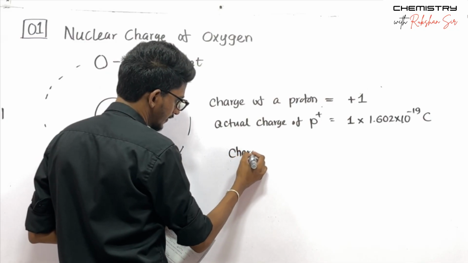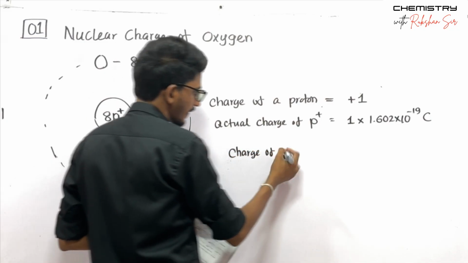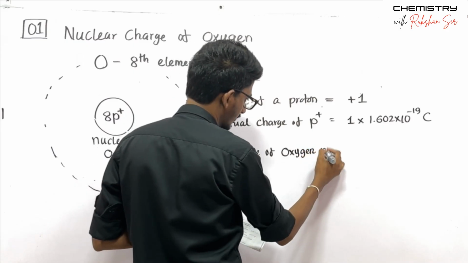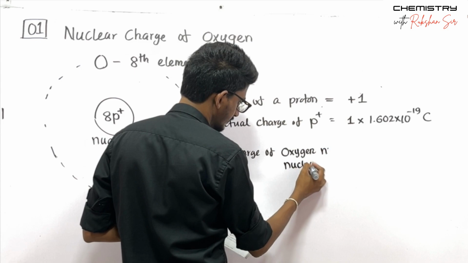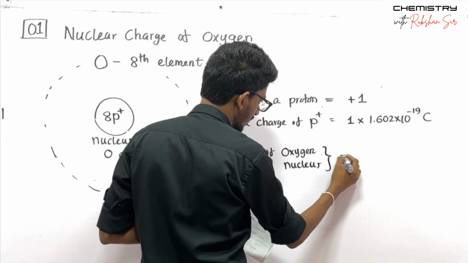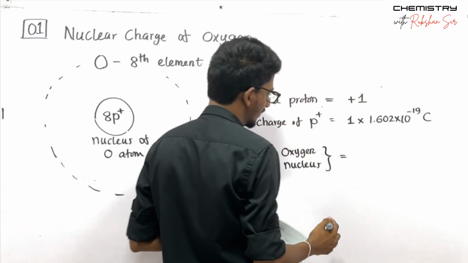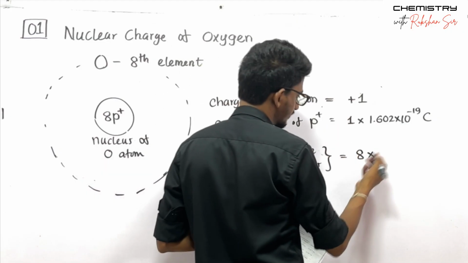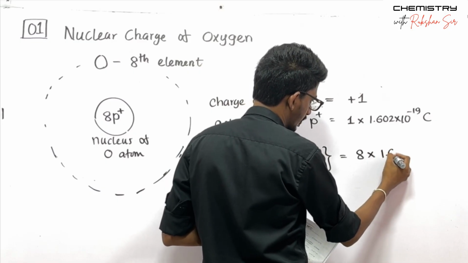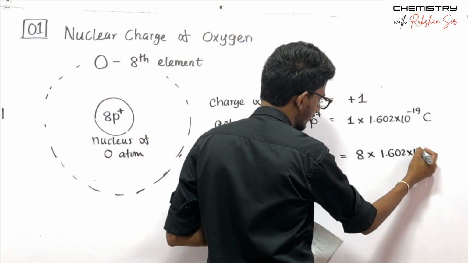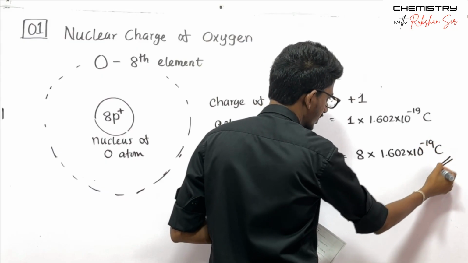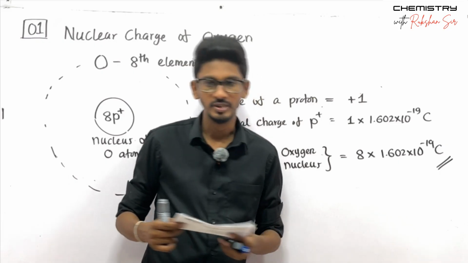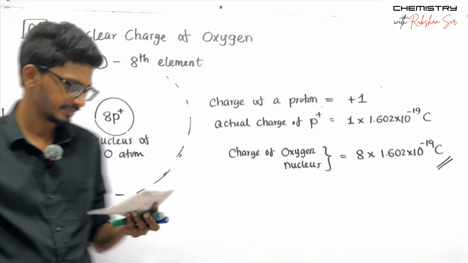Charge of the oxygen nucleus is equal to the charge of 8 protons, so 8 × 1.602 × 10^-19. This is going to be the charge of an oxygen nucleus. Do we have such an answer?